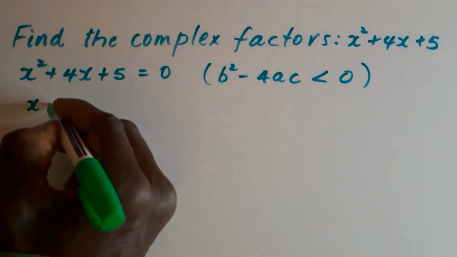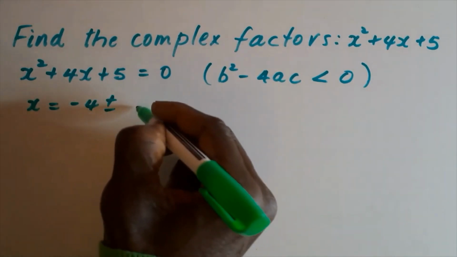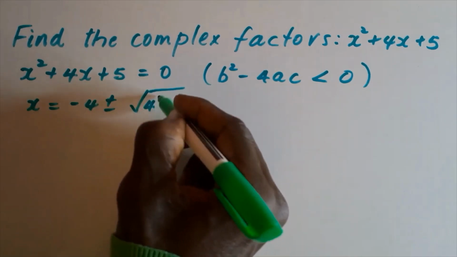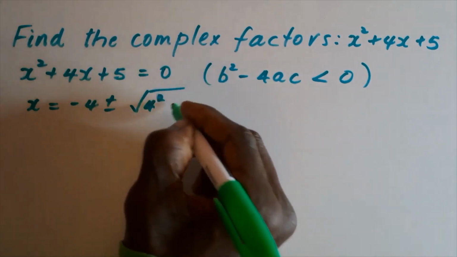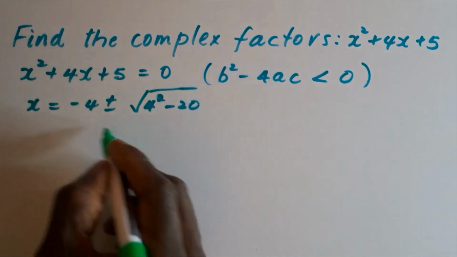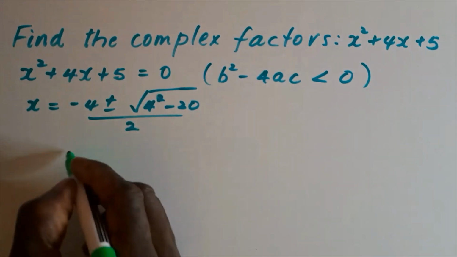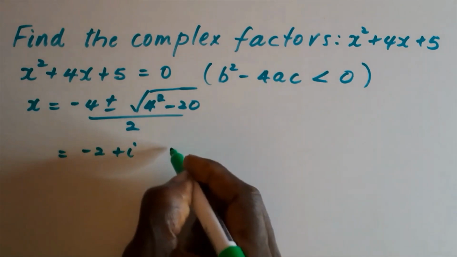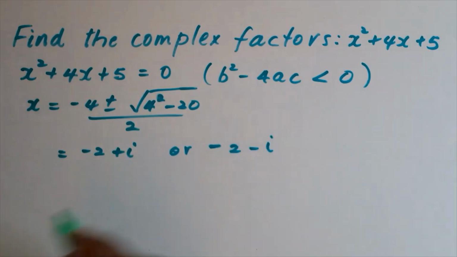Now we have x equals minus b plus or minus the square root of 4 squared minus 20, which is 4ac, all over 2a. And this gives us the roots minus 2 add i, or we have minus 2 minus i.